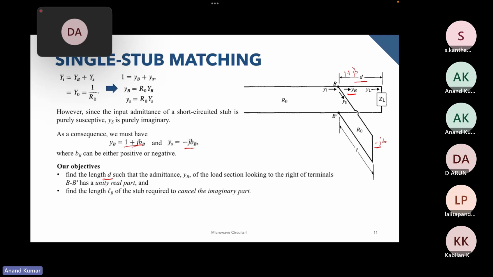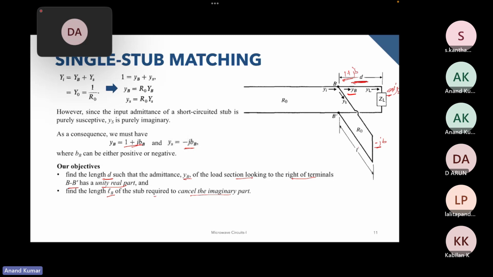This is the goal, and our objective is now to find this particular length D, such that YB of the load section, looking into the right of terminals BB, has unity real part. So our goal is to find D such that A plus JB becomes 1 plus JB. So A has to become 1, and the next goal is to find length LB such that the stub cancels the imaginary part.